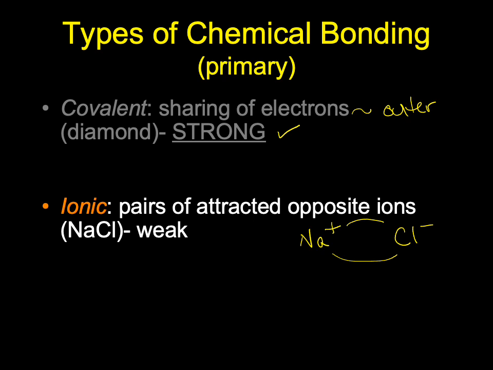Now, ionic bonds are relatively weak, and we know that because this mineral that I've listed right here, NaCl, this is salt. If you put salt on your tongue, you can dissolve it. The dissolving of salt on your tongue is literally the water molecules on your tongue breaking the weak ionic bond between the sodium and chlorine ions. So, covalent bonds are very strong, and ionic bonds are relatively weak.